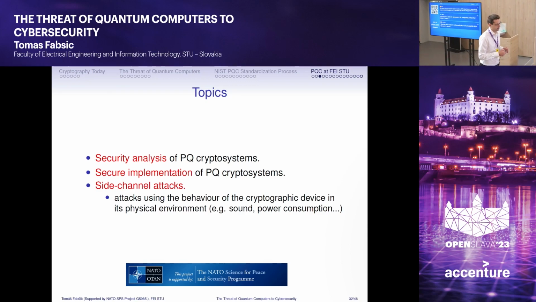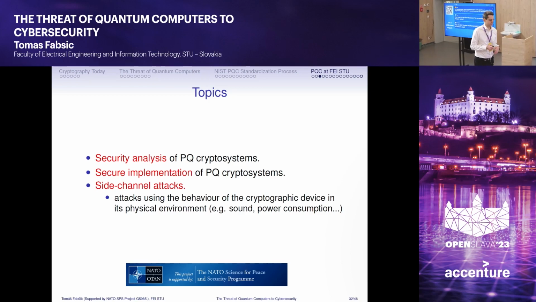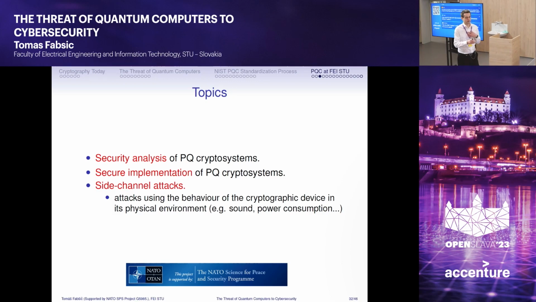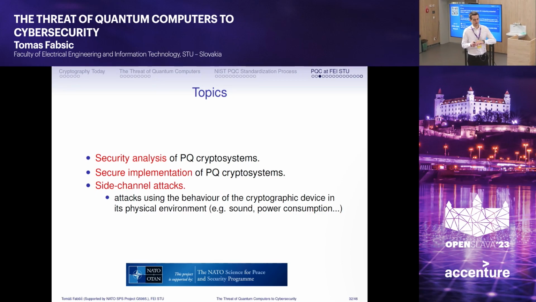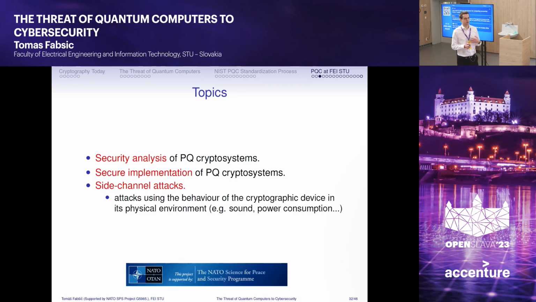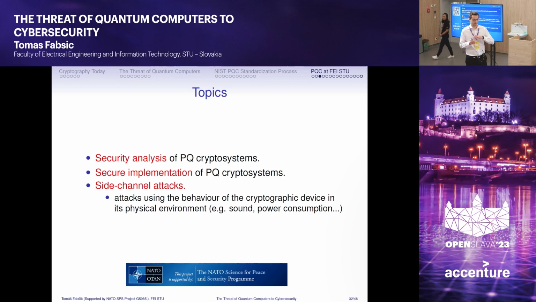it's one thing to have a good abstract mathematical algorithm, which in theory is secure, but another thing is to implement it securely. If you don't pay much attention to its implementation, then it can happen that the implementation will leak some information about the secret key or secret message when the computations are performed on some hardware.